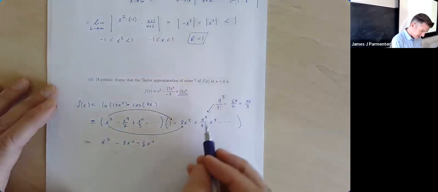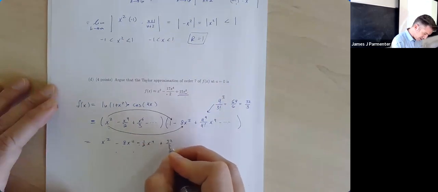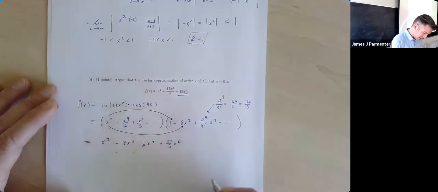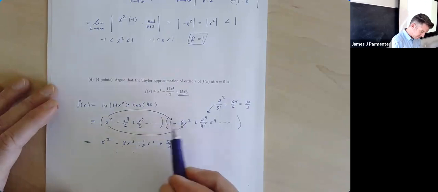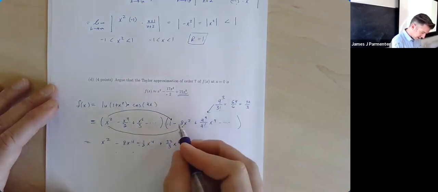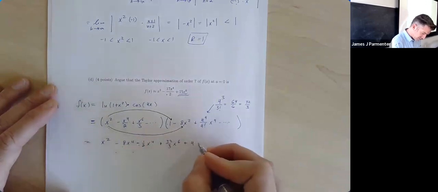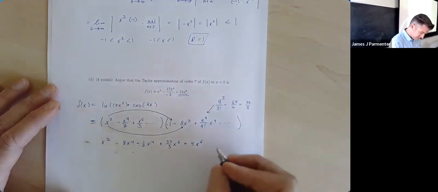So x squared times that term is going to give me plus 32 thirds times x to the 6th. And then we also need to do this negative x to the 4th over 2 times this negative 8x squared. So we're going to get a positive x to the 6th, and then 8 over 2 is 4. And then finally, we need x to the 6 over 3 times 1.